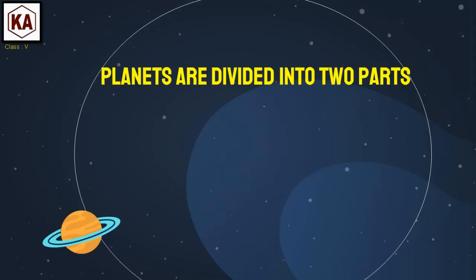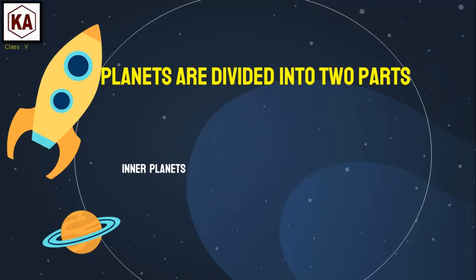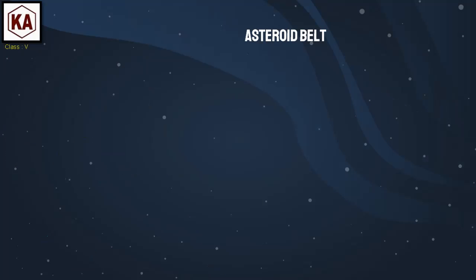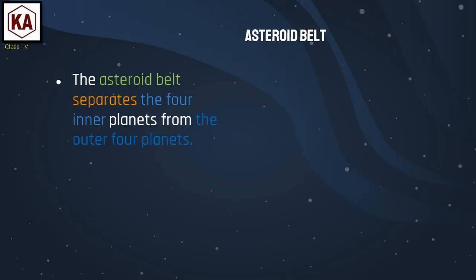Yes, planets are divided into two parts: inner planets and outer planets. And they are divided by a big asteroid belt. So this asteroid belt is actually dividing four inner planets from four outer planets.